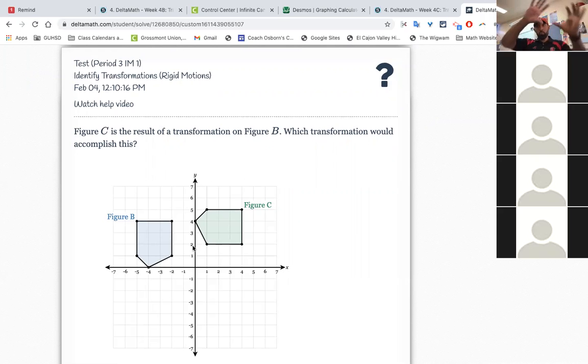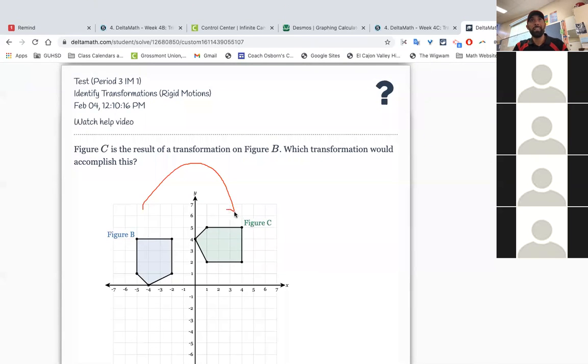It rotated from what we would call quadrant 2 over to quadrant 1. And if it moves over just one quadrant, like I told you guys yesterday, that means we're going 90 degrees. And if we're going this direction, that means it's clockwise.